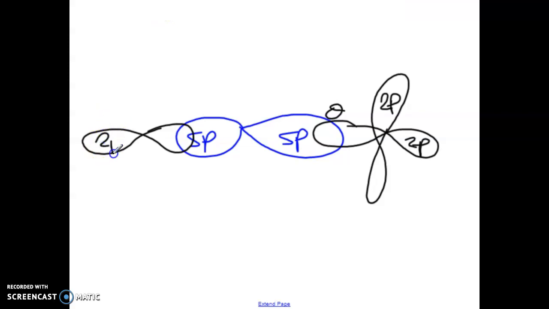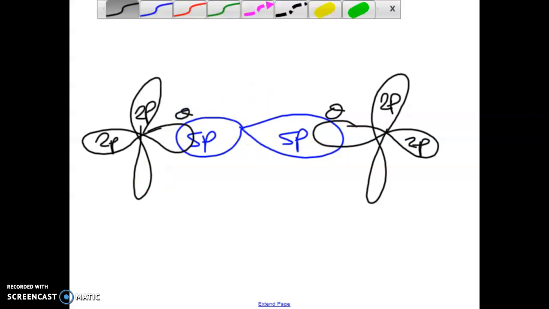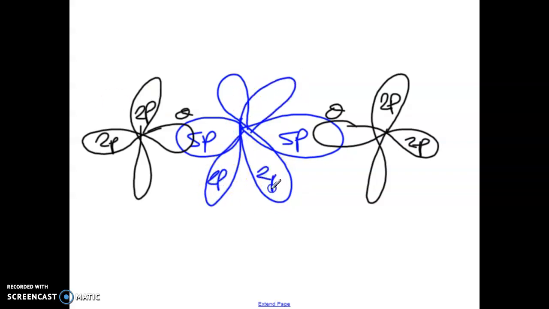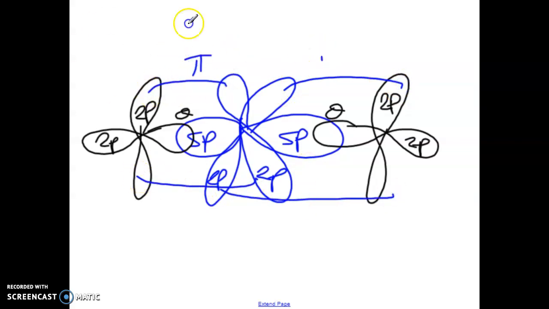So this is a 2p and another 2p. Here are my oxygens and my sigma bonds. Now carbon has two regular peanuts that are here, a 2p and a 2p. One is doing a side-by-side interaction on one oxygen, the other on the other side. You don't have to draw them super close, just show a line connecting where the pi bond exists.